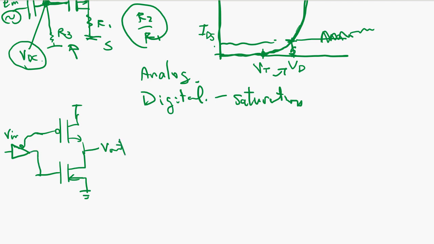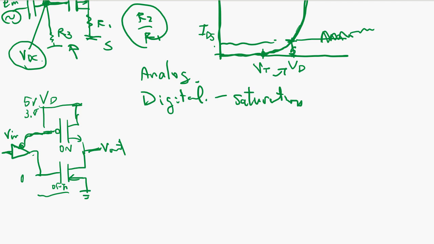This becomes an inverter, because when this is low, close to zero, it is shut off, and this one, close to V drain, is 5 volt or maybe 3 volt. It goes up, and this is going to be on, and this is off.